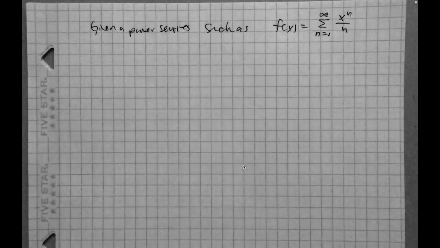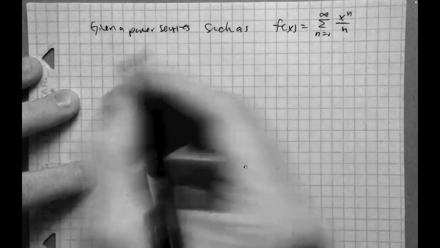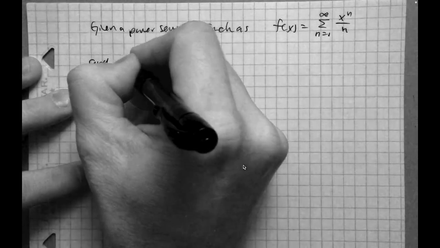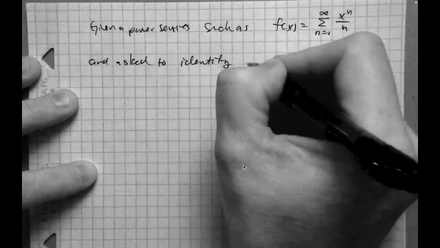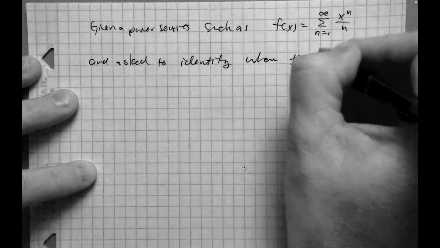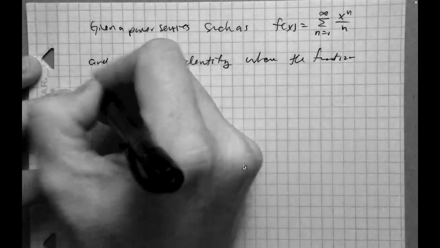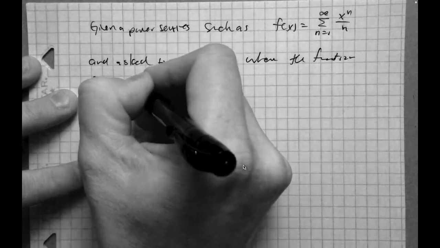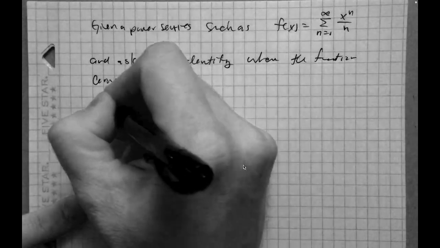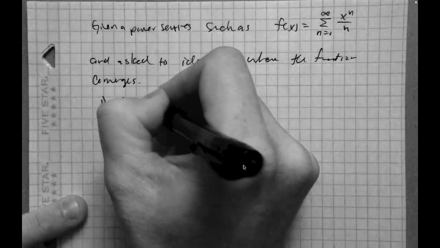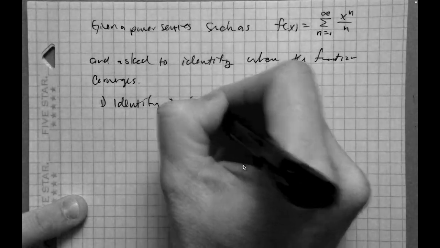Given a power series such as this one, we were asked to identify where it converges. And so that involves identifying R, the radius of convergence.